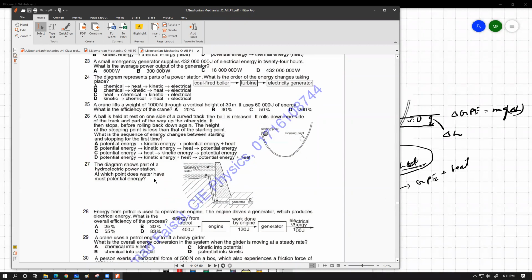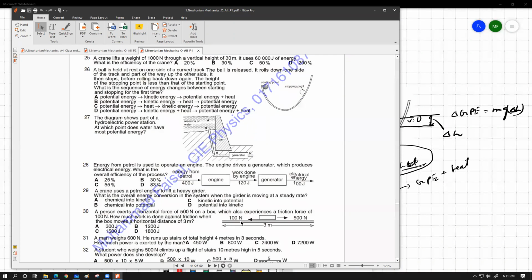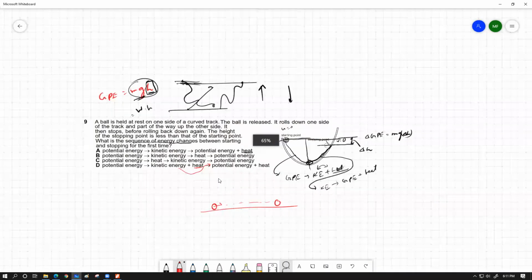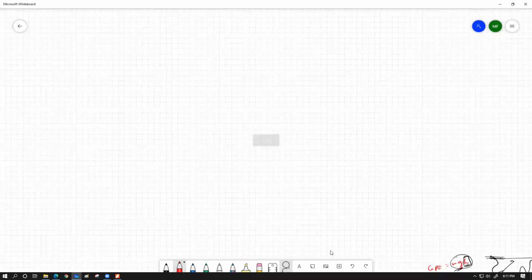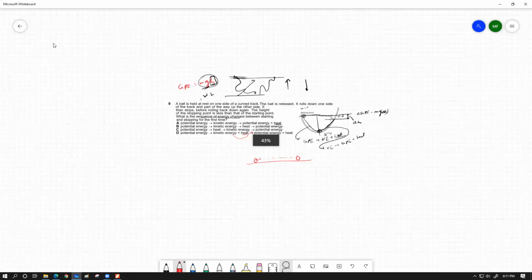Question number 30. Okay, let's try this, and if we have more, we can go forward for more. Question says this one. Let's take this out. We have more space over here. How big is this space? Okay, pretty big.